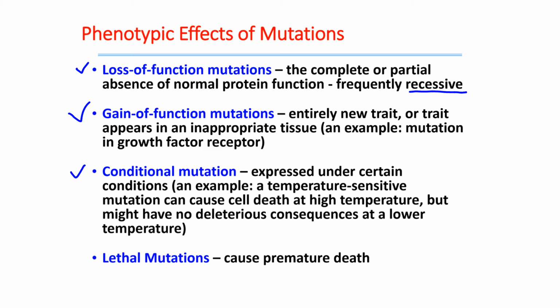However, if he or she is exposed to high temperature, this can be deteriorating. It can have a very serious effect. And the last one are lethal mutations. Lethal mutations cause premature death, very often even during embryonic development. You recall we discussed lethal mutations when we talked about the exceptions to Mendelian laws. Lethal mutations can alter expected phenotypic ratios of the offspring.